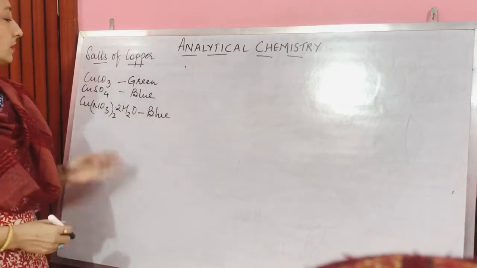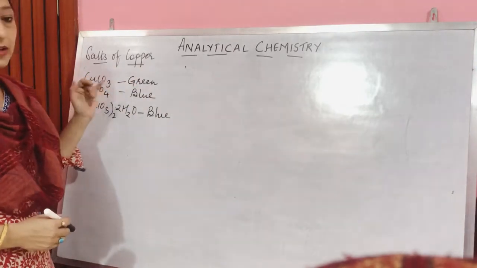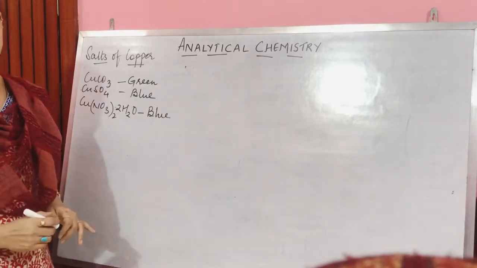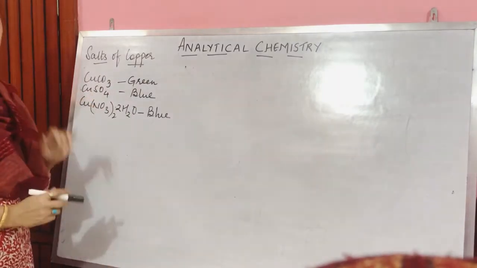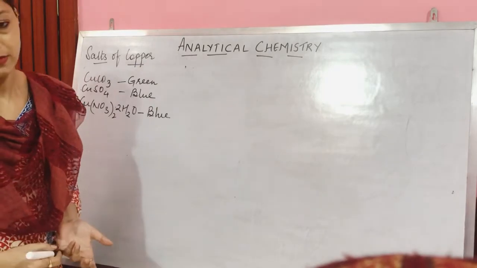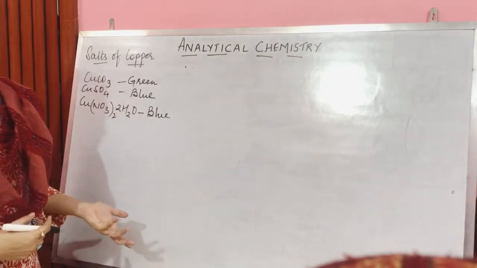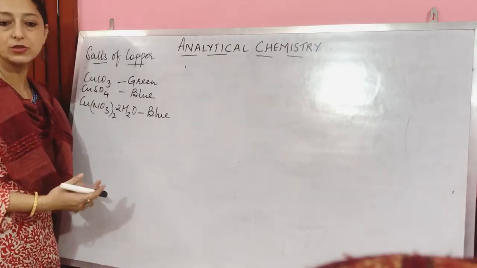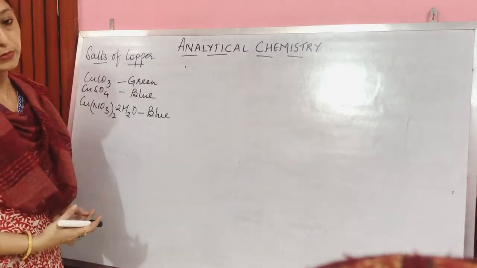Then color in aqueous solution: copper carbonate is insoluble in water but green in color. Copper sulfate in aqueous solution is blue in color, and copper nitrate in aqueous solution is also blue in color.